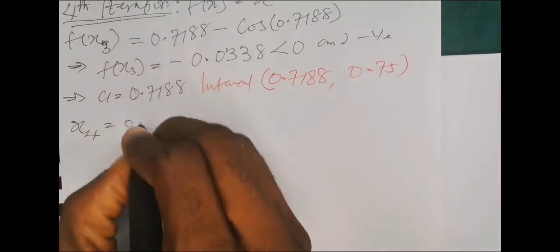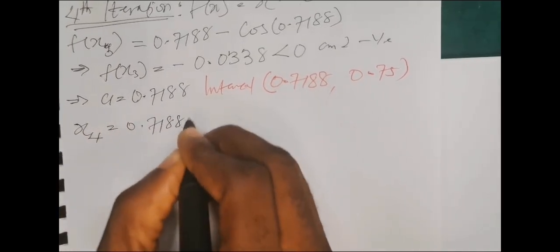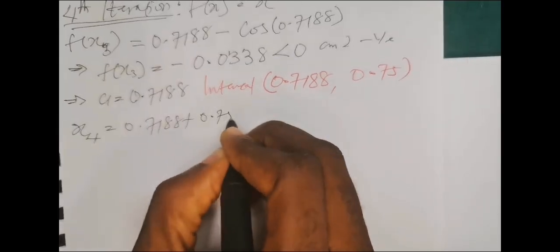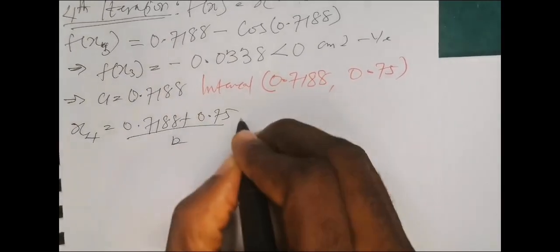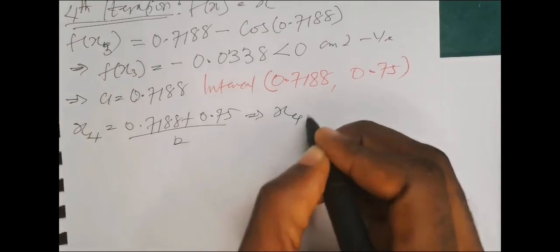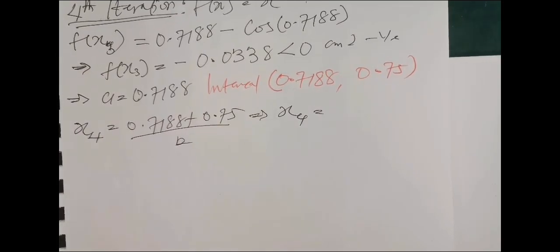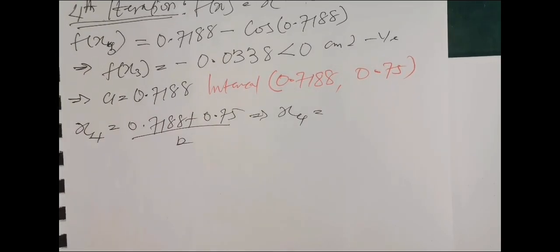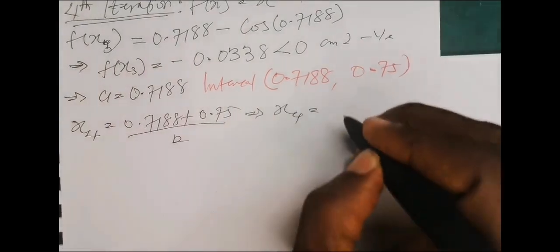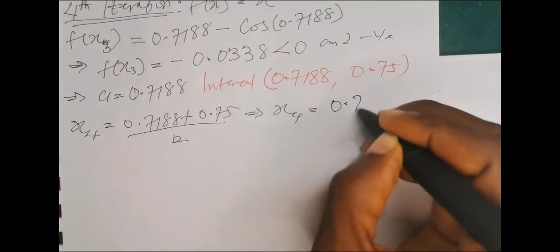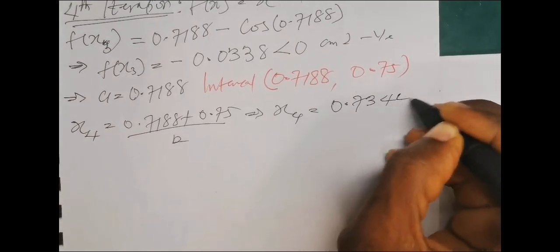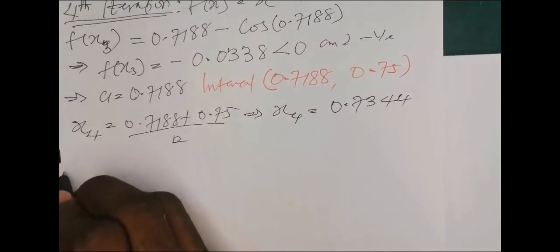That is 0.7188 plus 0.75 divided by 2. This gives us 0.7344. So s4 is simply 0.7344.